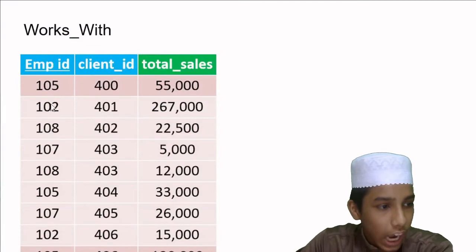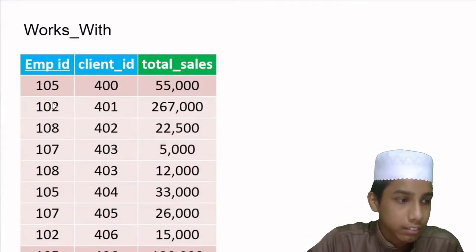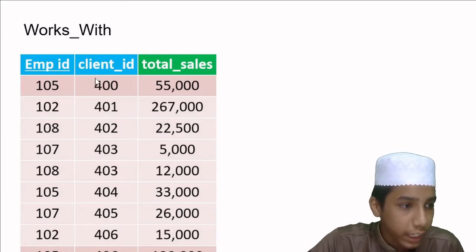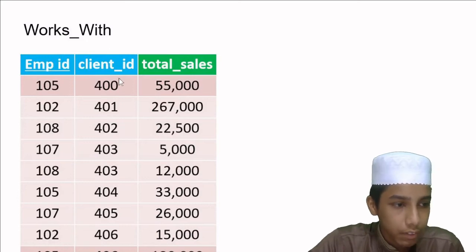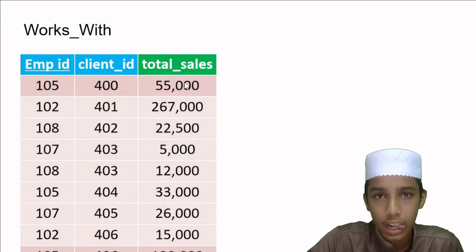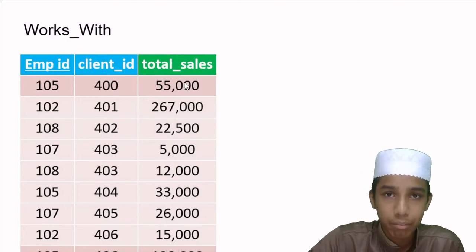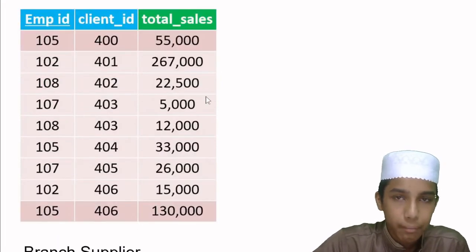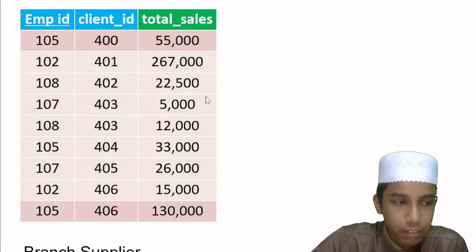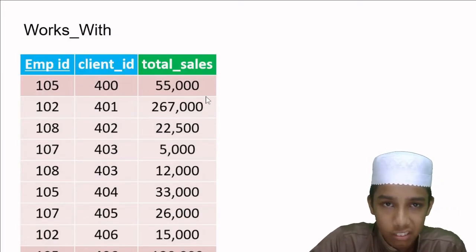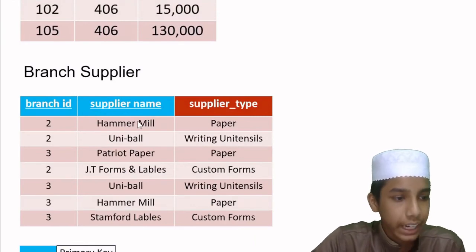After that we have the works-with table, with employee ID and client ID as the primary keys. Then we have total sales: for example, if you are selling some products to some other company or person, and from that person or company you got this much money.